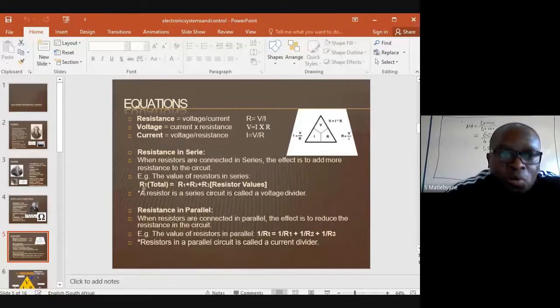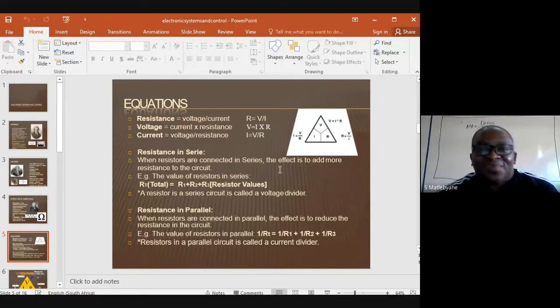R you already know is for resistance. When we call it, we say total resistance, but when we write it, we say RT. R is for resistance, T is for total.